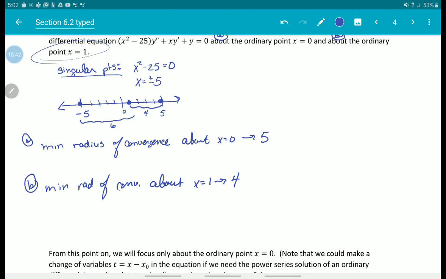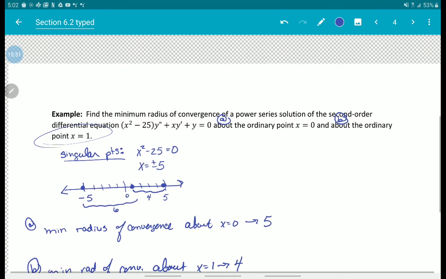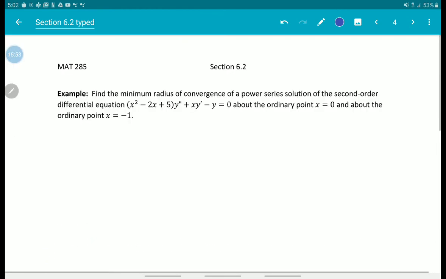We're just looking for that minimum distance, the smallest distance between our ordinary point and our singular point. Now let's go back up to this one. This one's going to be a little bit more interesting.